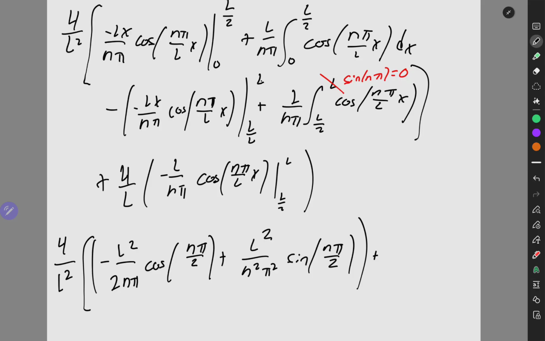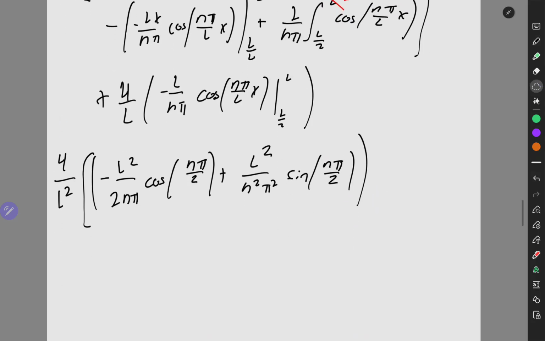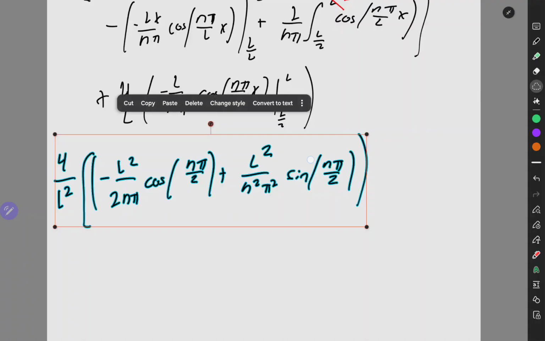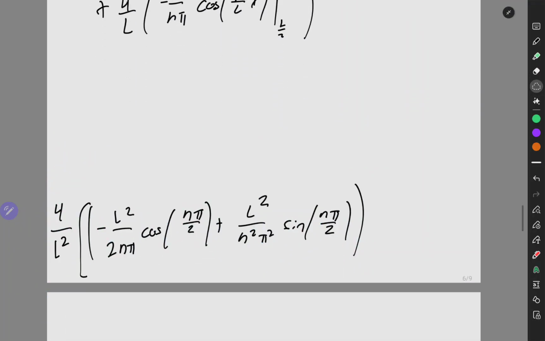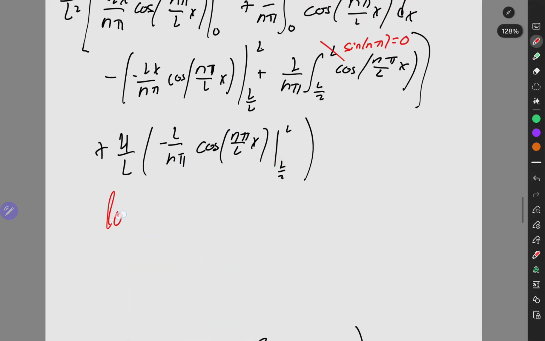Oh, wait. Yeah, we still got to integrate that, right? Actually, what I'm going to do here, because I don't want to integrate those two things into here, I want to skip a step, and I want to do them separately. So let's say looking at integration separately.